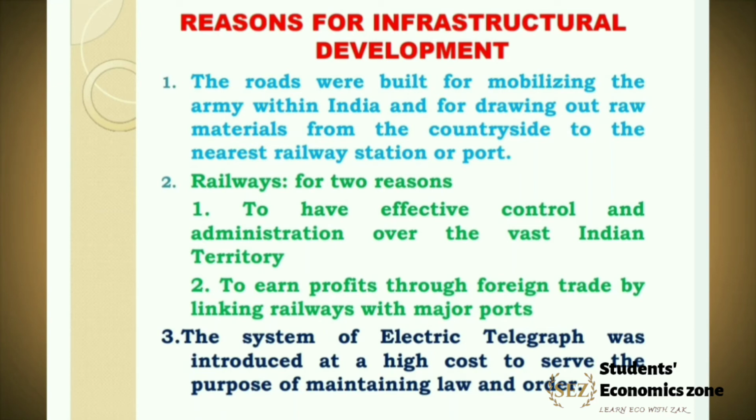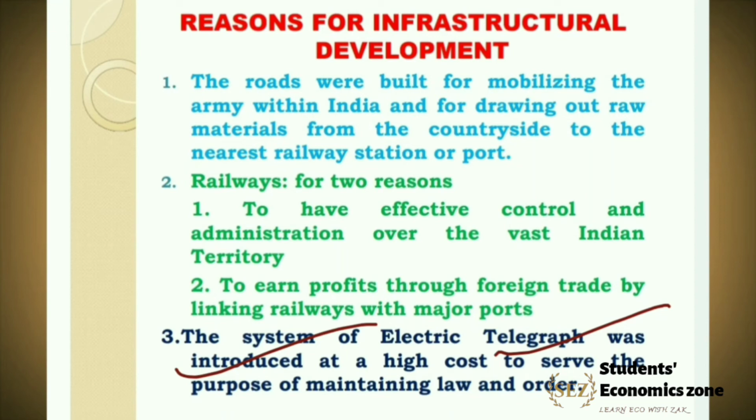Next one, that is to make profitable investment of British funds in India. Then for what purpose did the government introduce the electric telegraph? The system of electric telegraph was introduced at a high cost to serve the purpose of maintaining law and order.